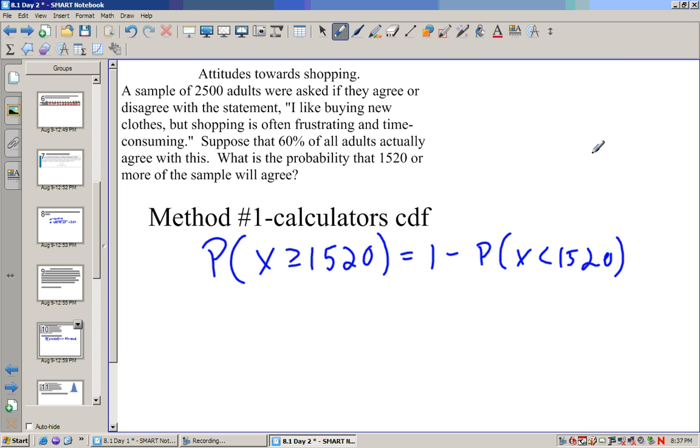To find that, we do a binomial CDF. We're going to start with 2,500 people, the probability of success is 0.75, and we're going to go all the way up to 1519. So binomial CDF, 2,500, comma 0.75, comma 1519.